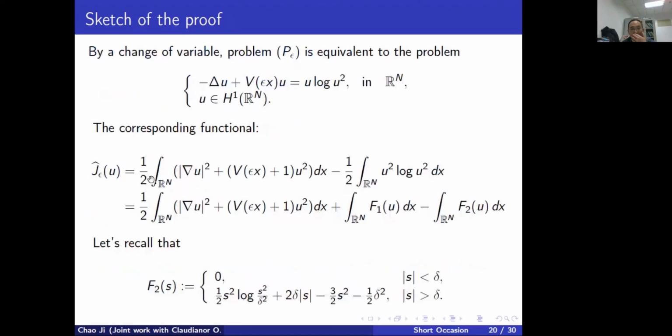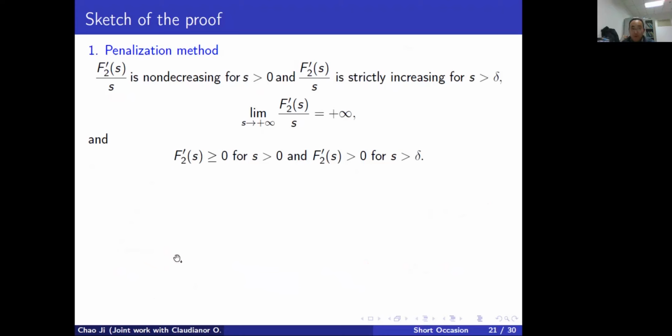So maybe we can try to see f2 prime as a nonlinear term. Maybe we can try it.